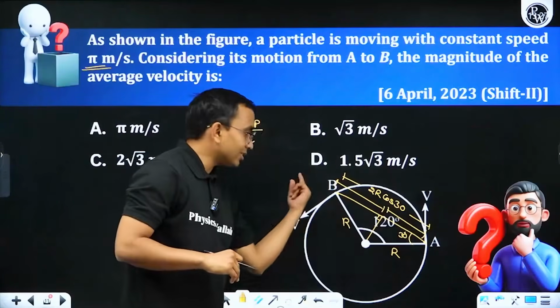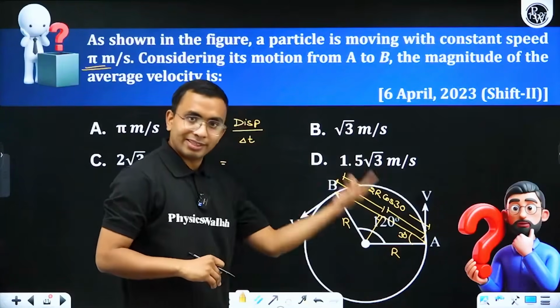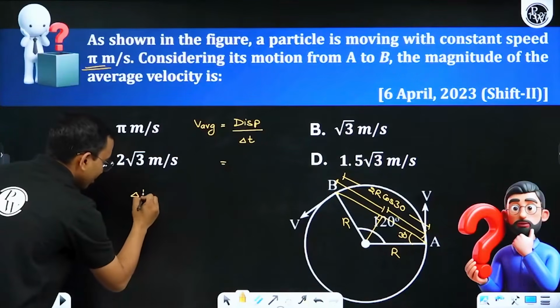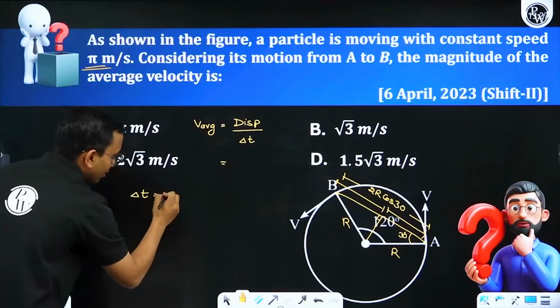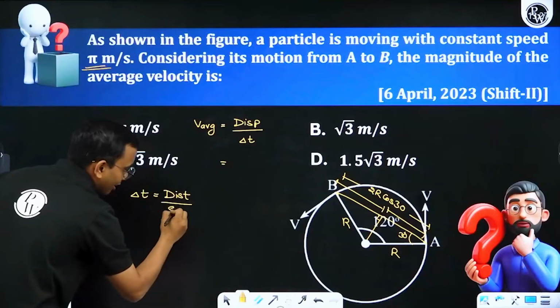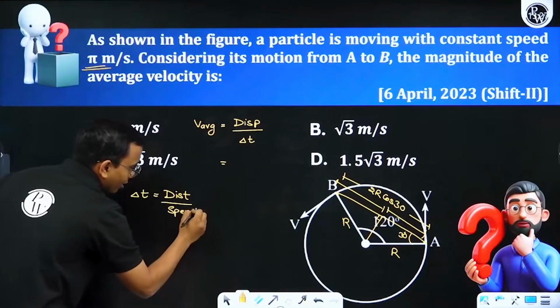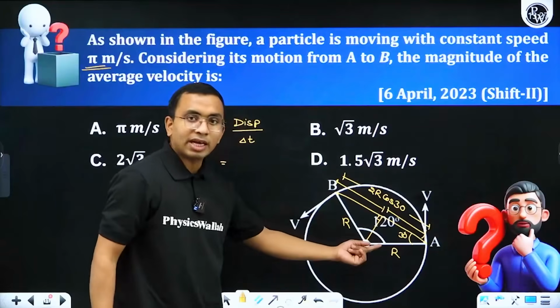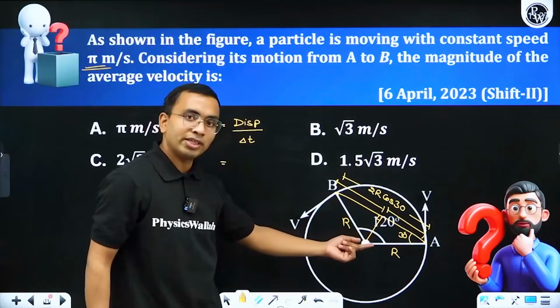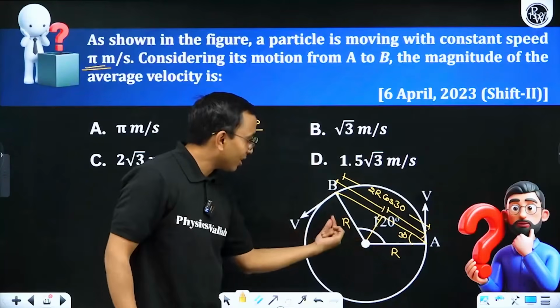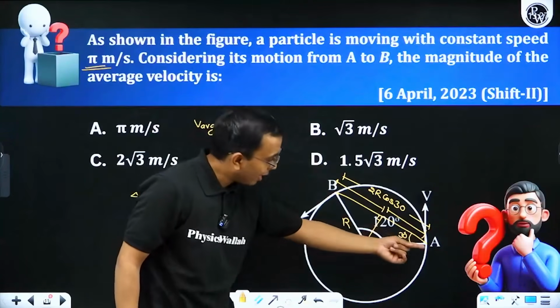If I know the distance, I can write the time as distance divided by speed. So delta t is the distance divided by the speed. What is the distance? Angle is 120 degree. 120 I can write as 2 pi by 3, because pi by 3 is 60. So 2 pi by 3 is the angle and the radius is r.